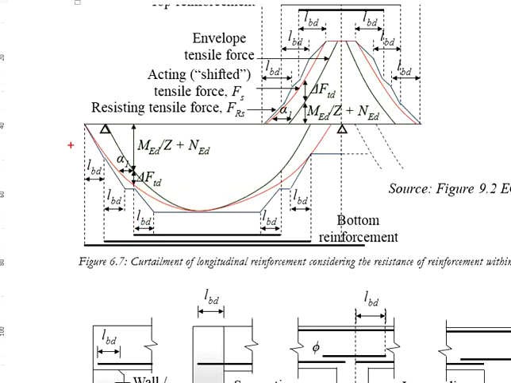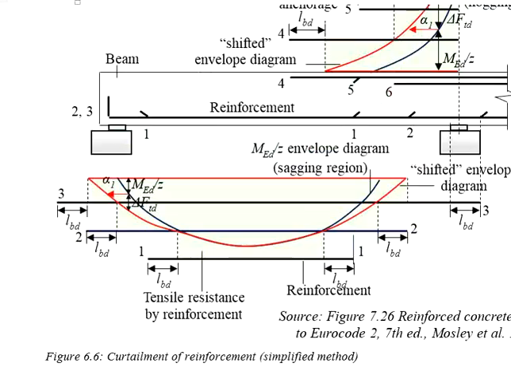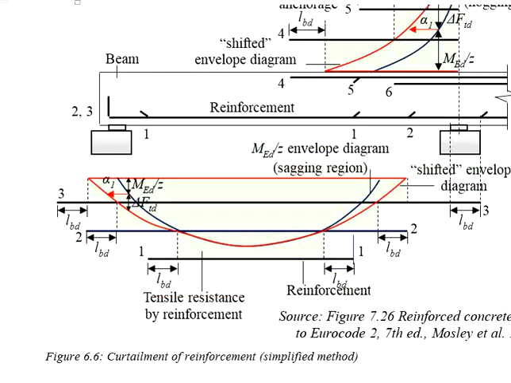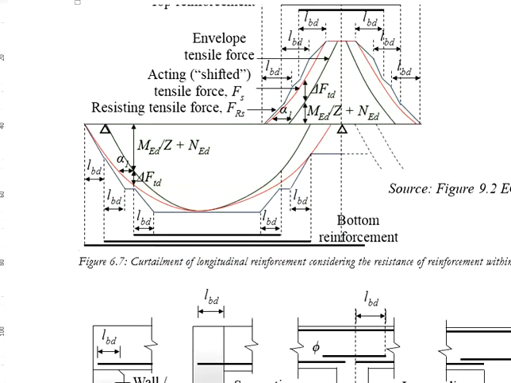Now, if you want to compare this model with the previous models that we mentioned in our previous video, under the same tensile force diagram, the one provided by the Eurocode is more accurate, and because of higher level of accuracy, the total amount of reinforcement bar provided will be slightly less than the simplified model.